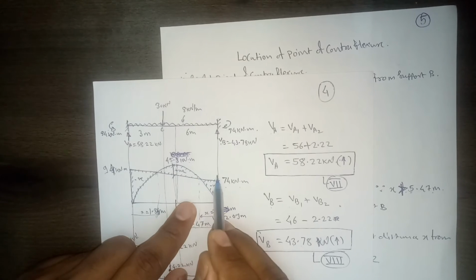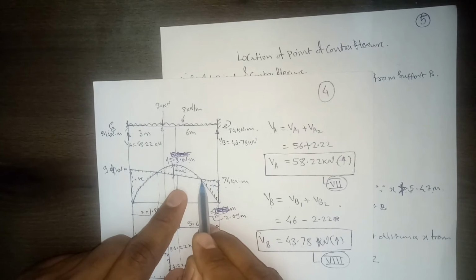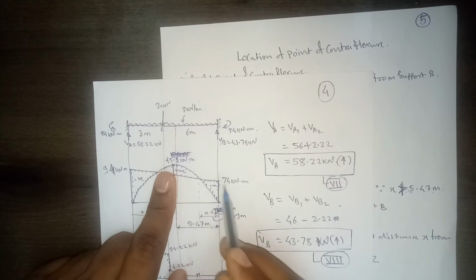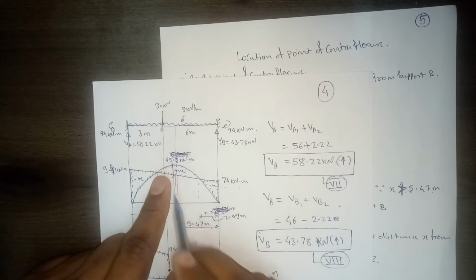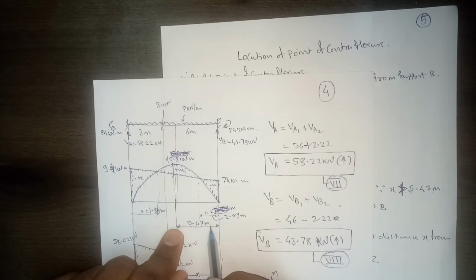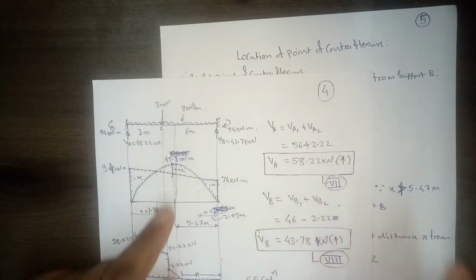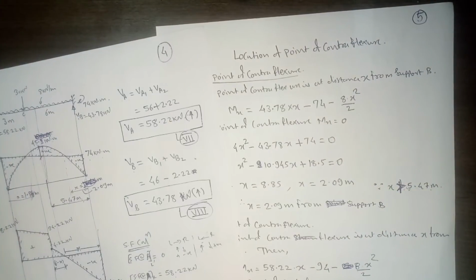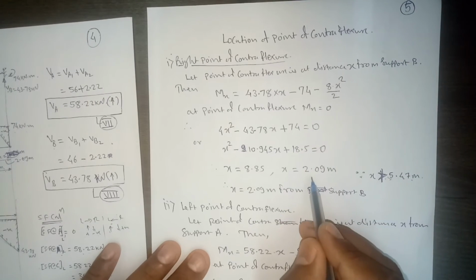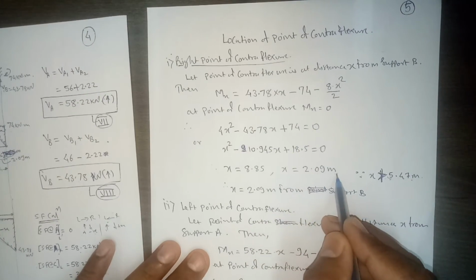So there must be a point of contraflexure between these two points, 0 and 5.47 meter, since we are calculating it from the right end. So the correct answer would be 2.09 meter.